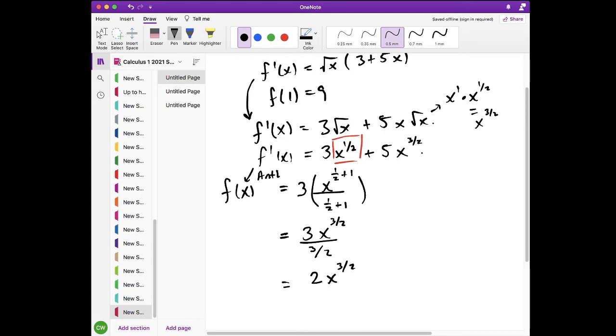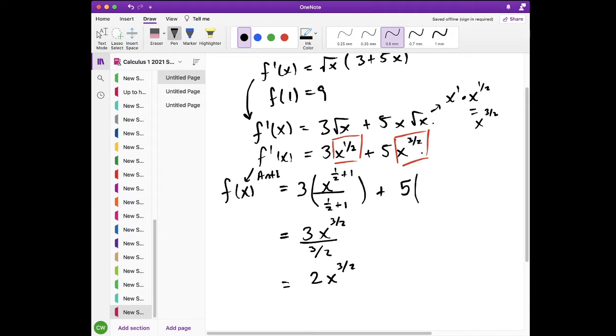Okay, so let's do the same thing for the antiderivative of x to the 3 halves. So what would the antiderivative be? You can just tell me the power and then what you divide by.